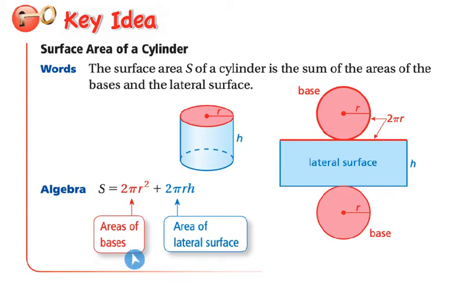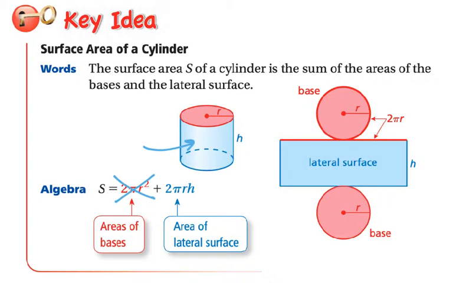You have the areas of the bases, that's the 2 pi r squared, and then you have the area of the lateral surface. When we think about the can, all we're really trying to focus on is that lateral surface, which means the first part of the formula is not going to be used at all, again because there's no label on the top or bottom of the can itself.